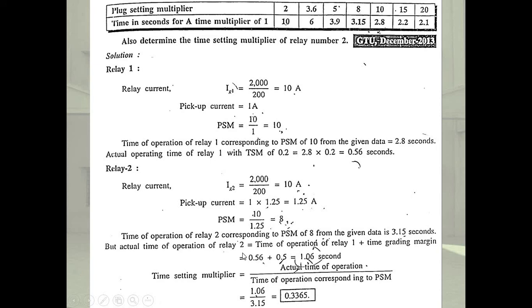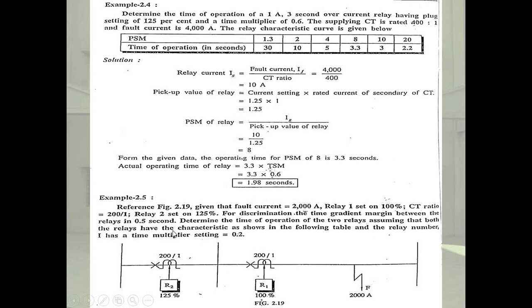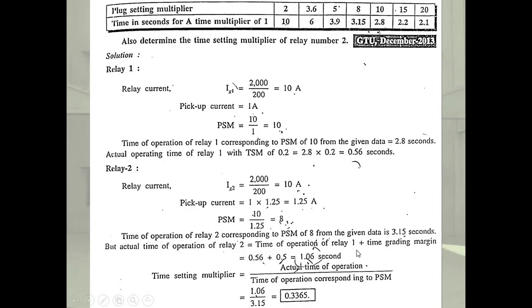But the actual time of operation of relay 2 equals the time of operation of relay 1 plus the margin. What is the time of operation of relay 1? 0.56 second. And for discrimination, the time grading margin between the relays is 0.5 second. So we get 1.06 second.